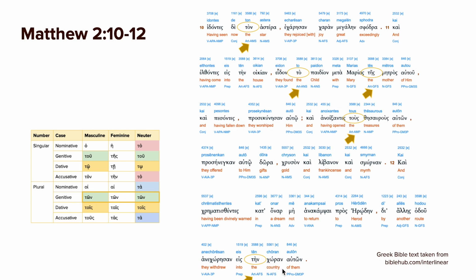Remember we talked about countries being feminine? Accusative feminine singular. Auton again is of them, so their country, the country of them. Ten matches choran, which is feminine. So ten.